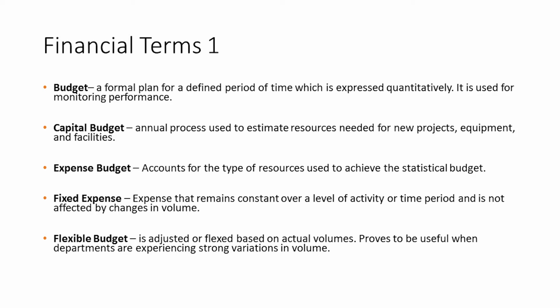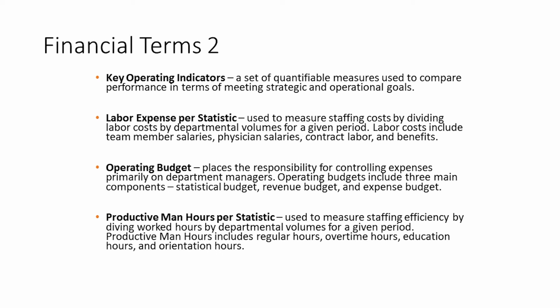A fixed expense is an expense that remains constant over a level of activity or time period and is not affected by changes in volume. And a flex budget is adjusted or flexed based off of actual volume. This is really useful when departments are experiencing strong variations in volume, increases or decreases, to right-size their budget based off of the amount of volume that they've had.